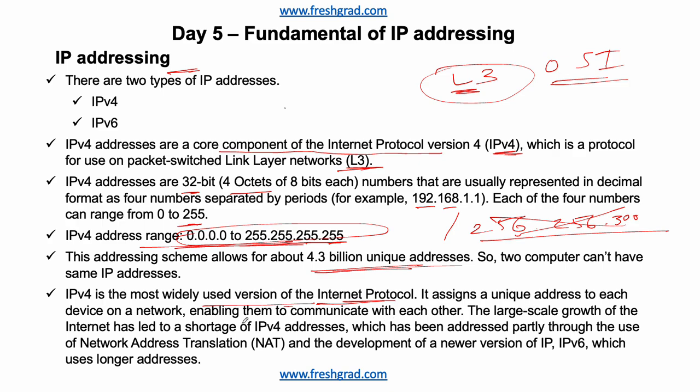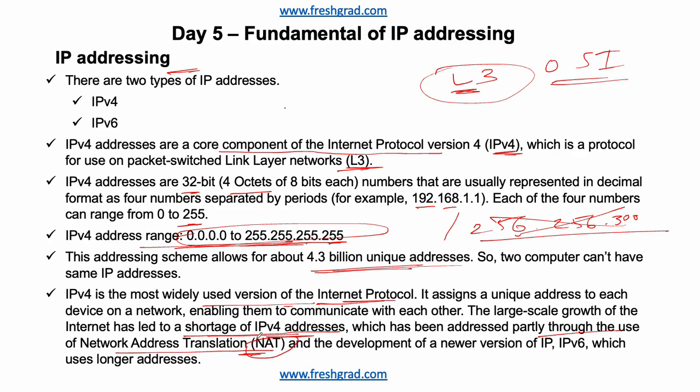The large-scale growth of the internet has led to a shortage of IPv4 addresses. Why? Because now we have billions of cell phones, billions of devices and people using them all over the world. That's why it has led to a shortage of IPv4 addresses, which has been addressed partly through the use of network address translation, NAT.